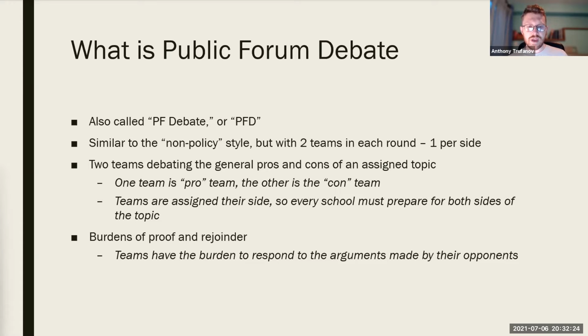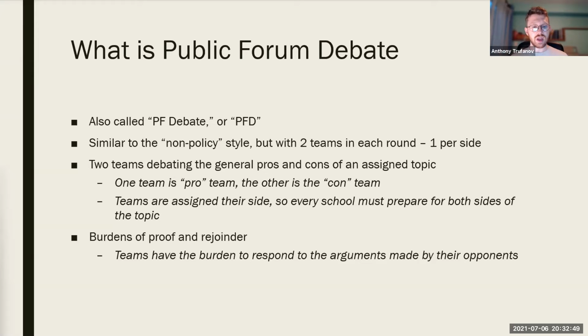A unique feature of public forum debate, which I want to introduce right at the outset, is this idea of the burdens that each side has to meet. And when I say burdens, what I mean is there is a job for each side. There is a job for the pro team and there is a job for the con team.